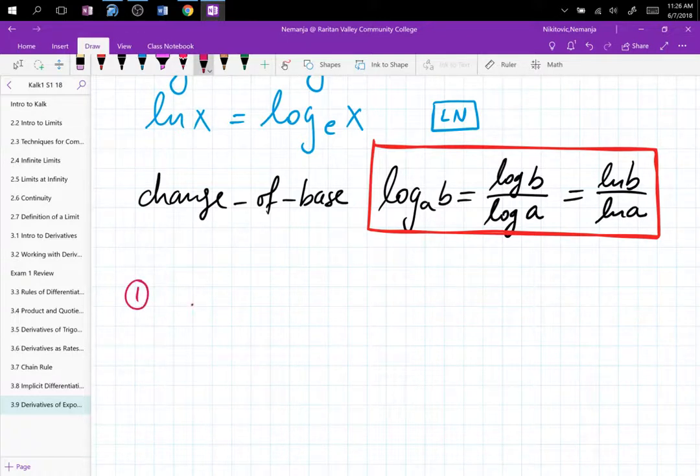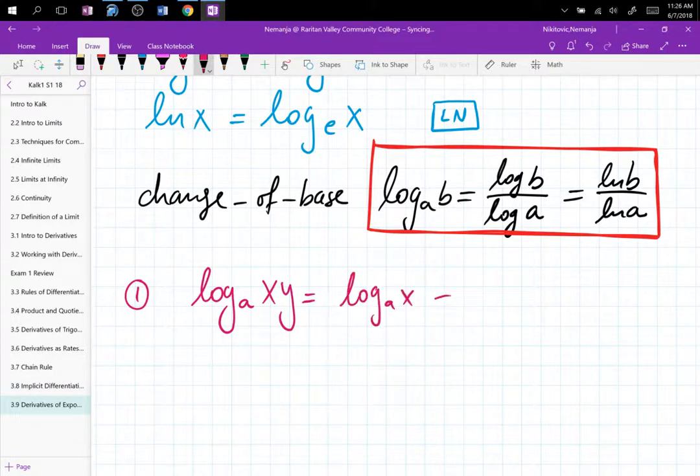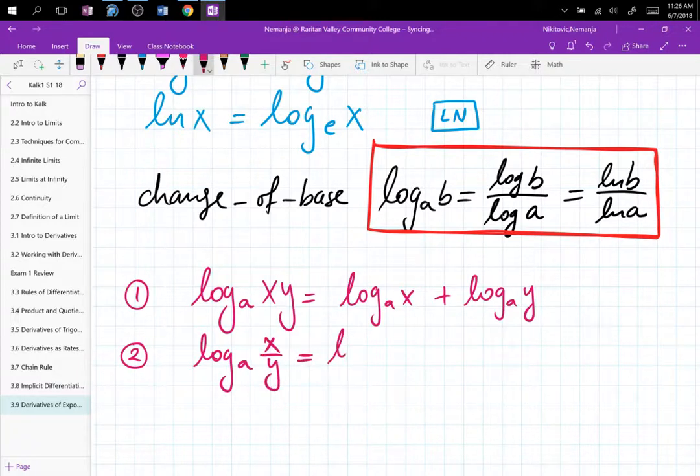So number one, log of any base a of x times y is log a x plus log a y. Number two, log any base a of x over y is log a x, common sense, minus log a y.